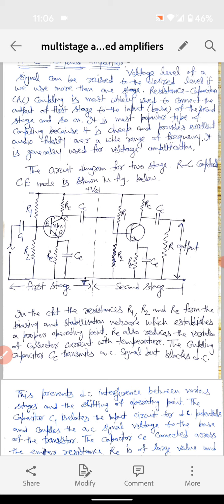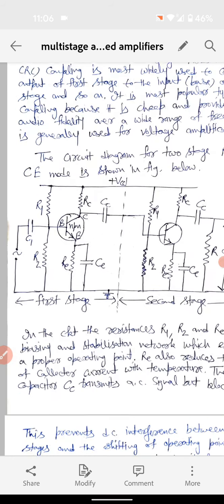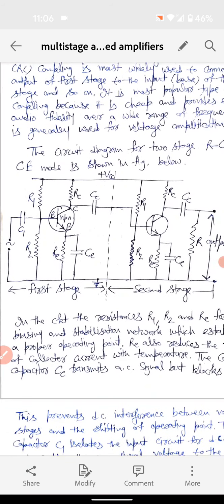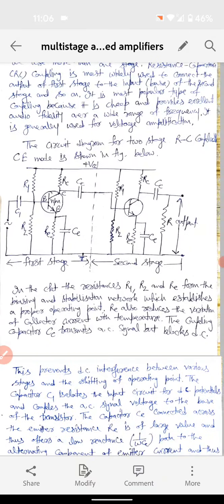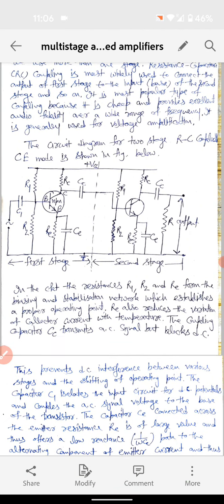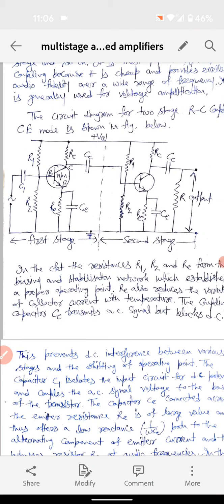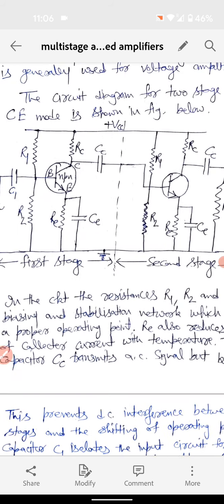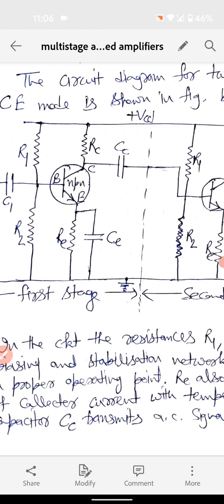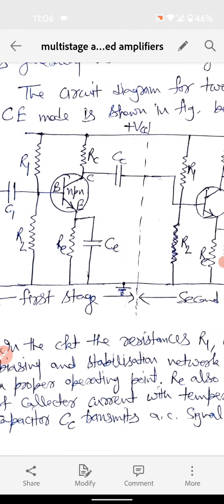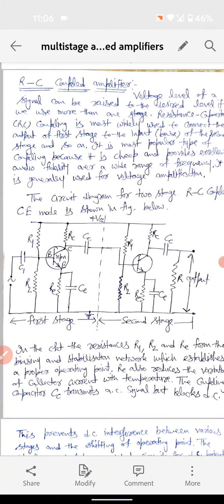First we discuss the circuit diagram of this two stage RC coupled amplifier, in which we have used common emitter mode. This you need to remember: we have used common emitter mode, and it is an NPN transistor. In this figure you can see the dotted line, which divides the two stages of the amplifier.